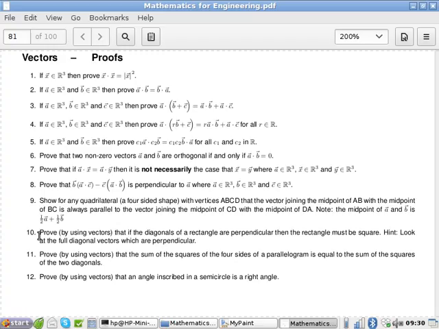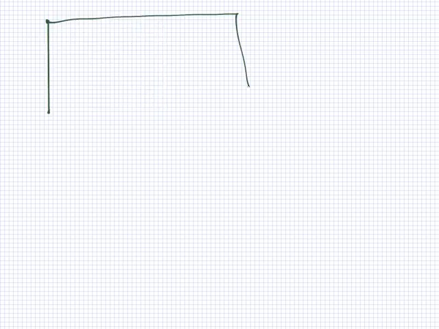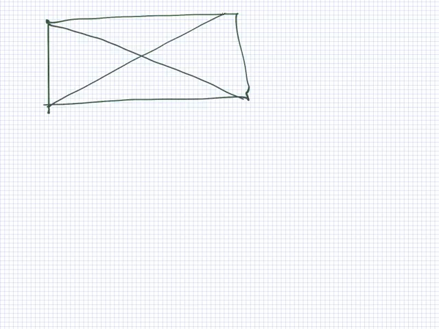Prove that if the diagonals of a rectangle are perpendicular, then the rectangle must be a square. So what I want you to prove is, if you have something that you think is a rectangle, but if the diagonals are perpendicular, so, okay, here, if I draw this, these are definitely not 90 degrees.